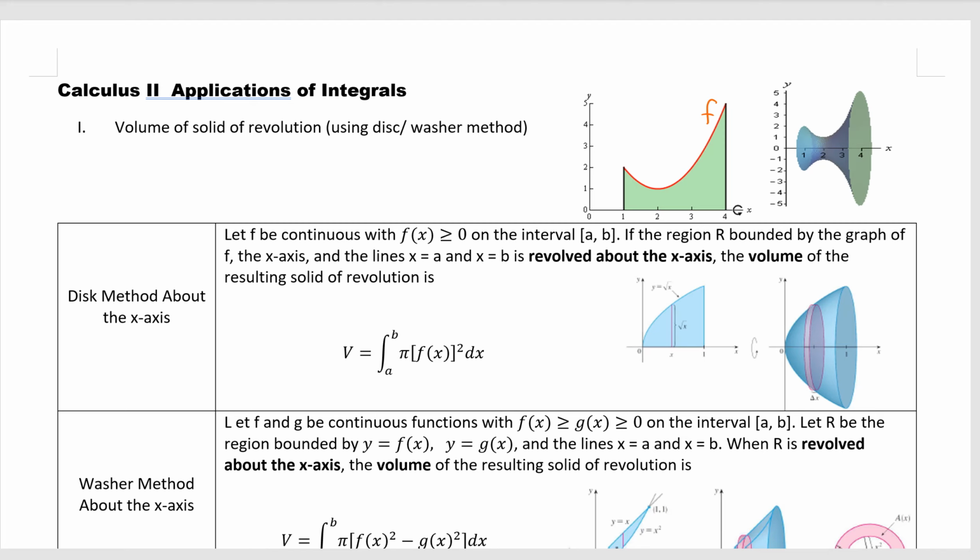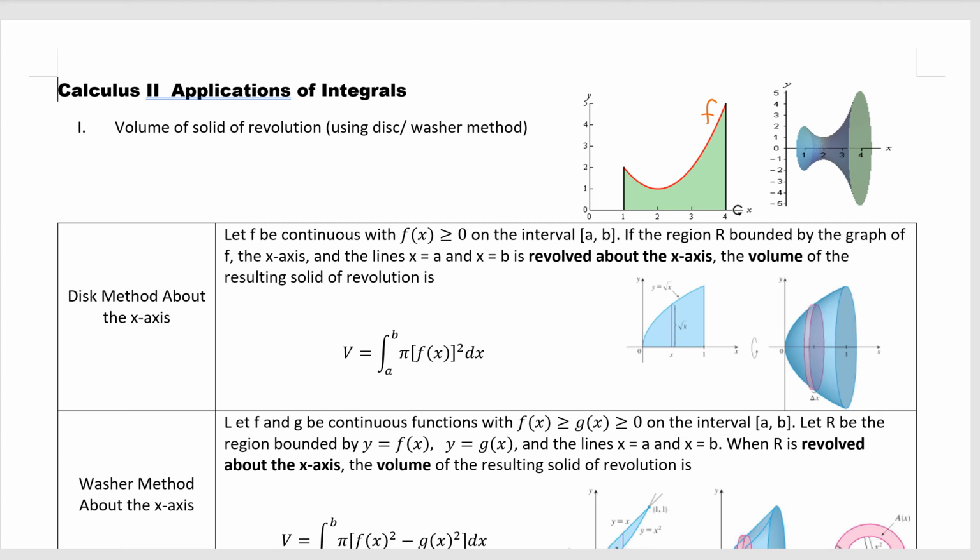If the region R bounded by the graph of f, the x-axis, and the vertical lines x equals a and x equals b is revolved about the x-axis, then the volume V of the resulting solid of revolution is the definite integral from a to b of pi f squared dx.